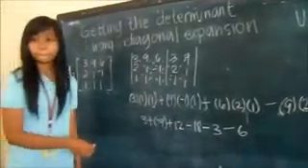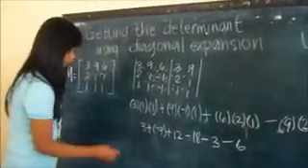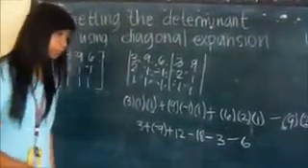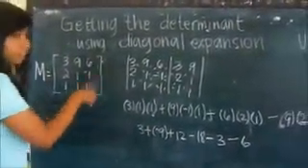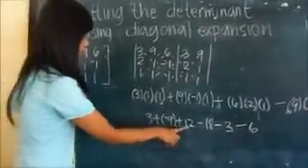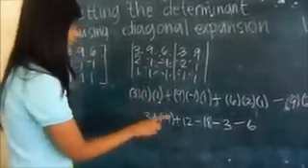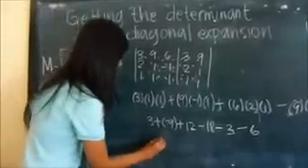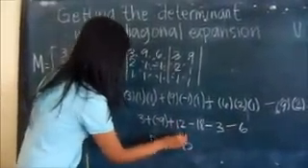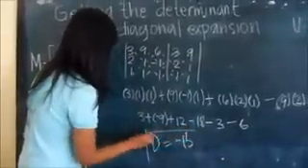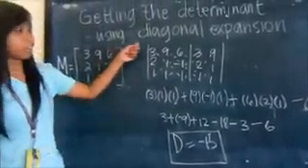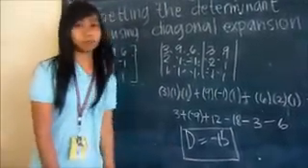Then, we will now simplify it and get the determinant of the diagonal expansion. 3 plus negative 9 plus 12 minus 18 minus 6 equals negative 15. And the determinant we got using the diagonal expansion is negative 15.